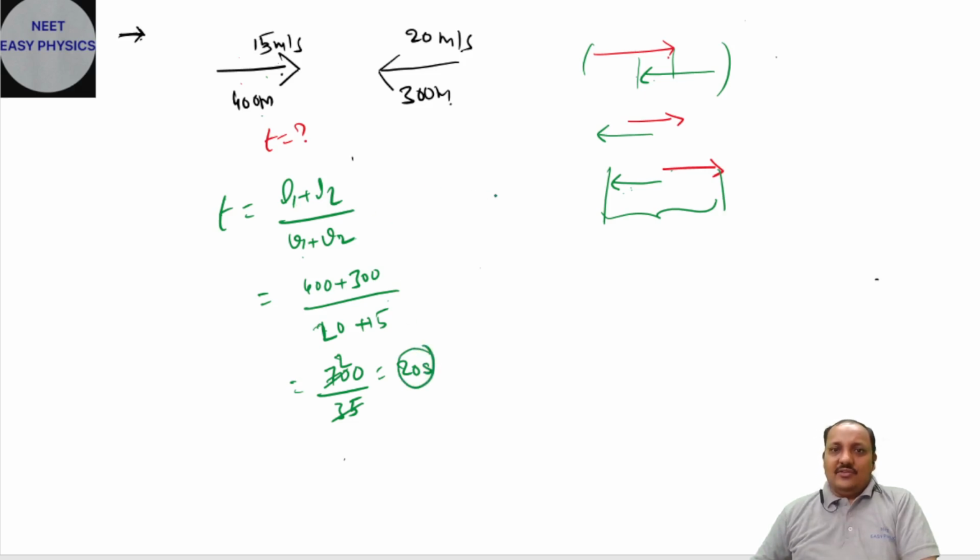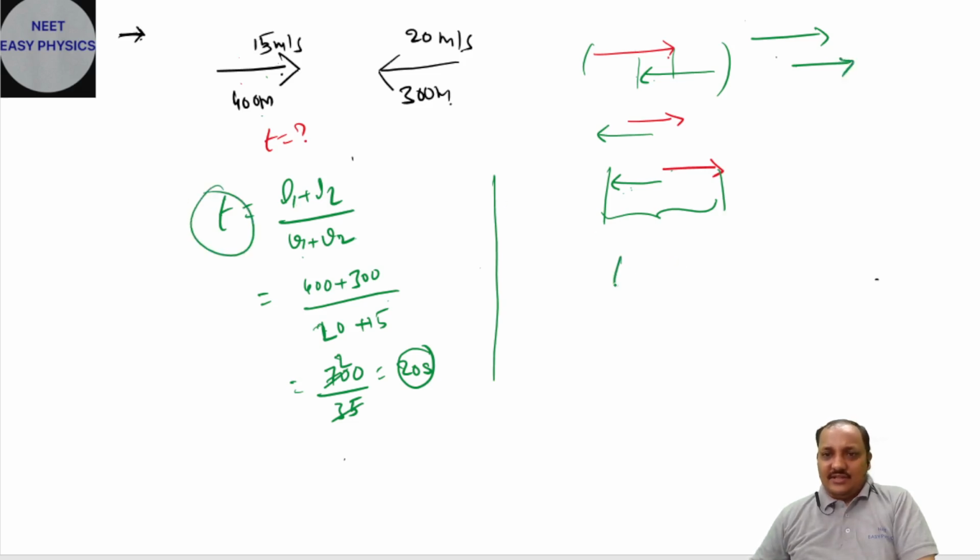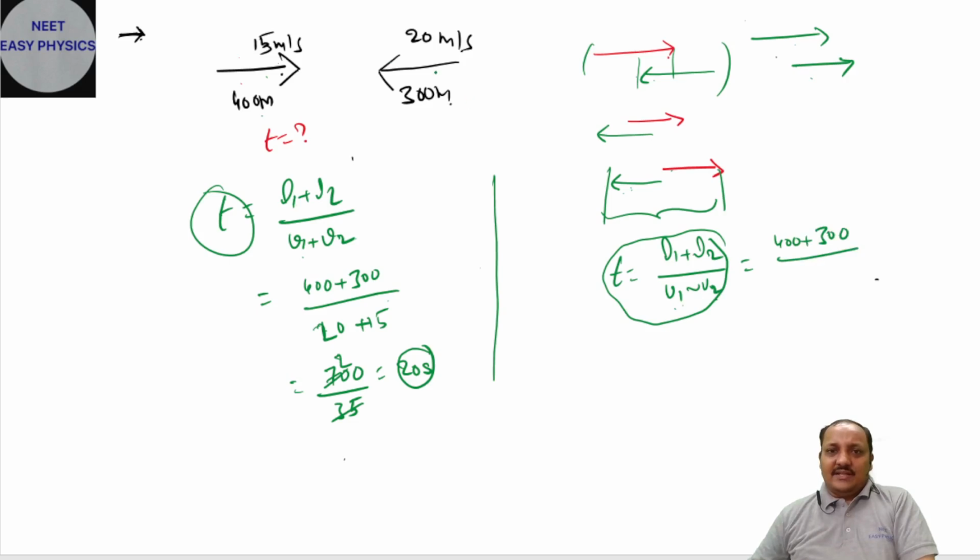Very easy. Now, for the same problem, if they have given that both the trains are moving in the same direction, what is the time it is going to take to cross each other? Time is equal to total length, which is always L1 plus L2, by velocity V1 minus V2. So total length again is the same, 400 plus 300, by velocity, if both are moving in the same direction, 20 minus 15.